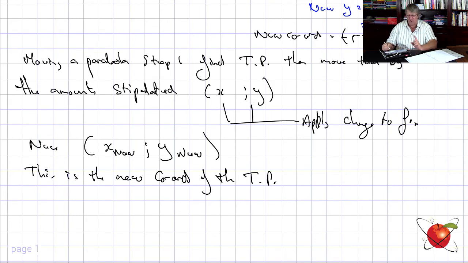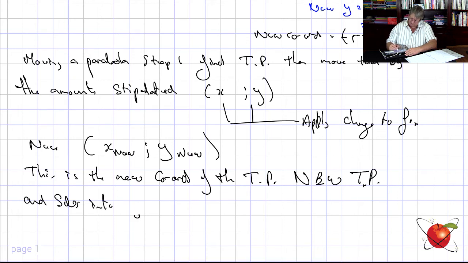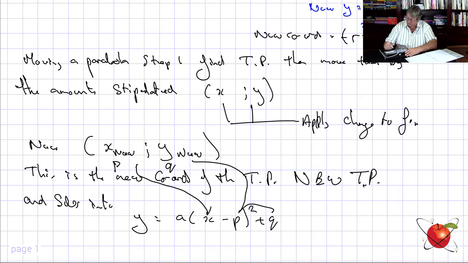We've applied the change to the turning point, so it is the new turning point. And then you substitute into y is equal to a, x minus p, all squared, plus q. So you put your p and q in there, and this guy goes there. That's quite fancy. So that's what we're going to do.